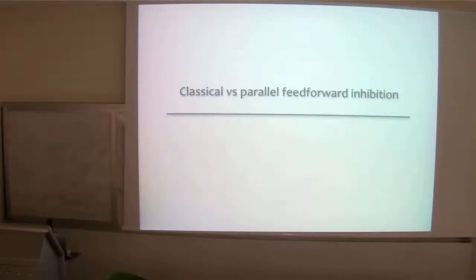So, I alluded to that in the first bit, that this classical feed-forward inhibition is what the organization was thought to be, or the pathways that were thought to be present in the cerebellar cortex. But we were proposing the idea that there might be parallel feed-forward inhibition.